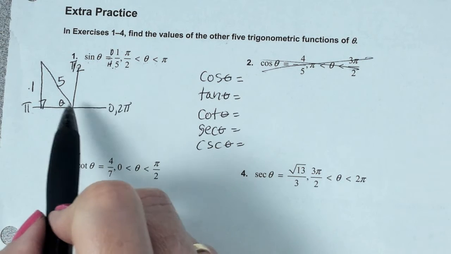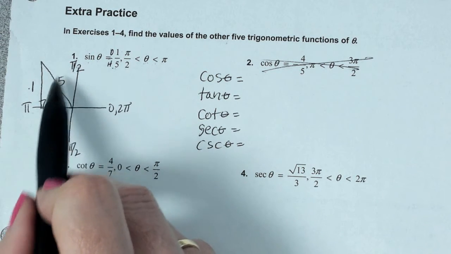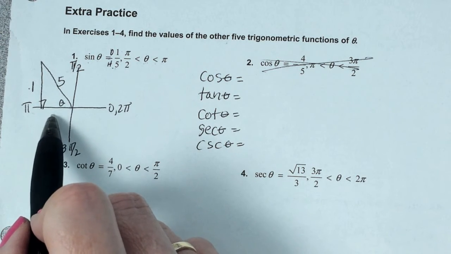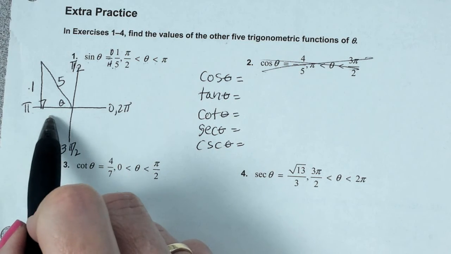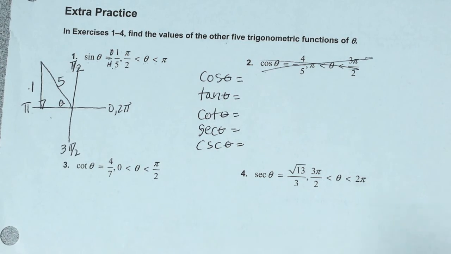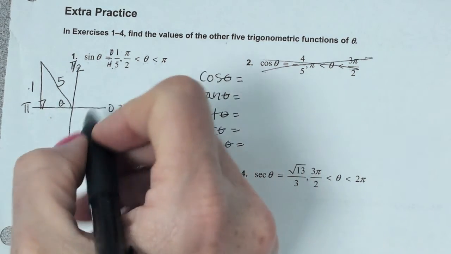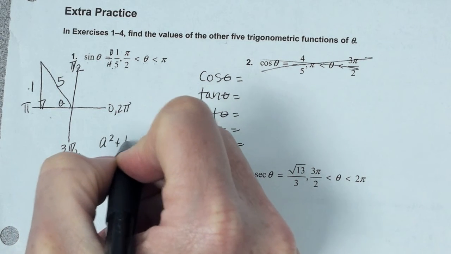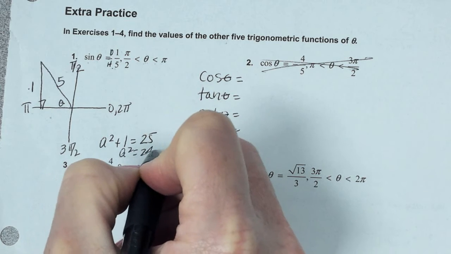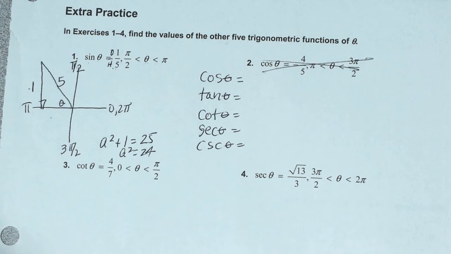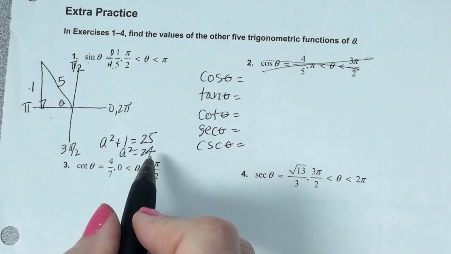Well, in order to find the cosine, I have to do adjacent over hypotenuse. How am I going to find this missing side? What are we going to do? Use the Pythagorean theorem, right? We have a right triangle. So to find that missing side, I'm going to do a squared plus b squared equals c squared. A squared is 24. So what's the square root of 24 simplified?